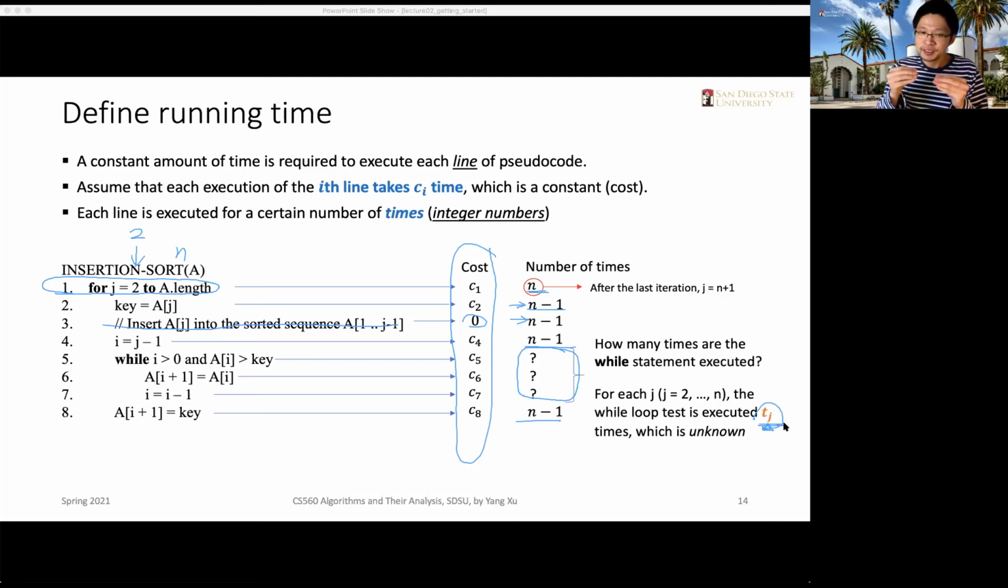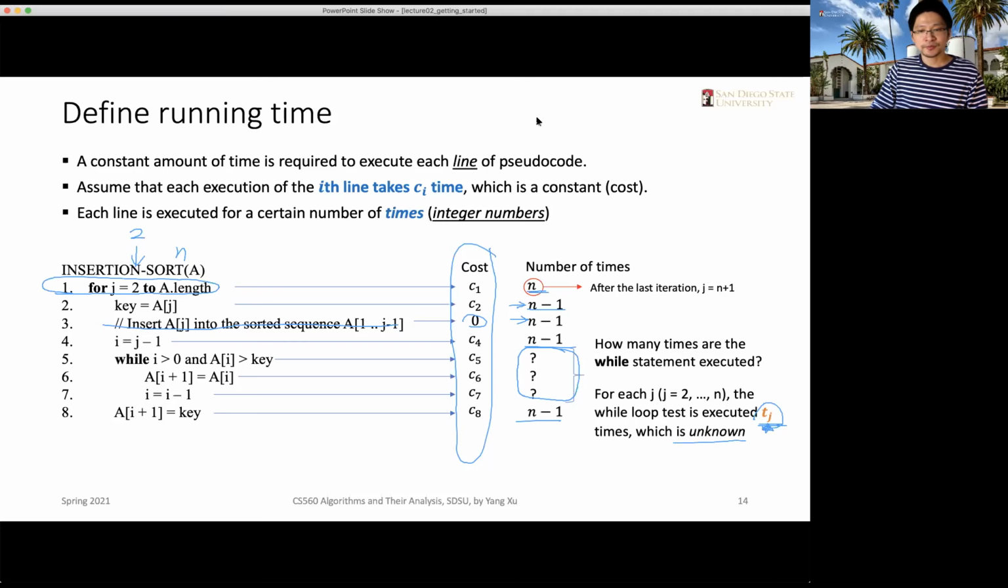The values of tj are different for different j's. So t2 can be different from t3, can be different from t4. But it is unknown, something we don't know. So we use a variable tj to indicate the case.